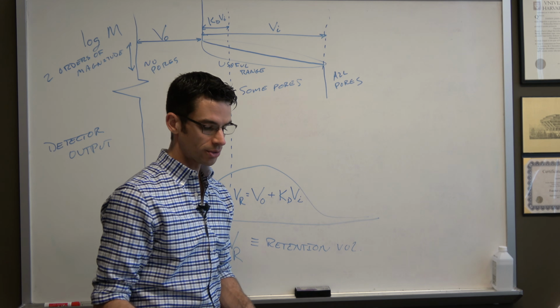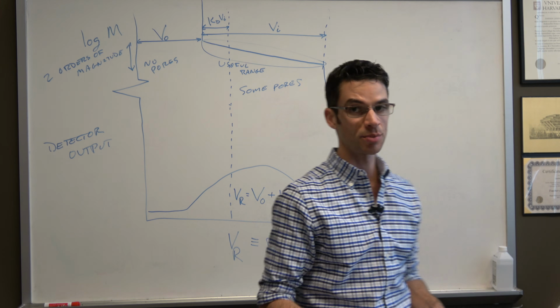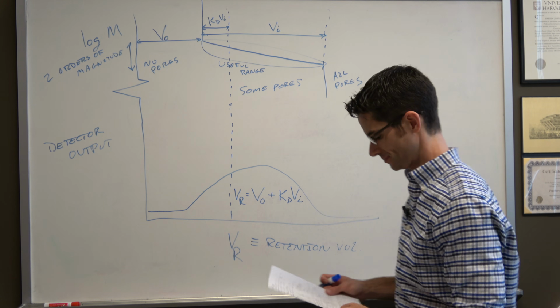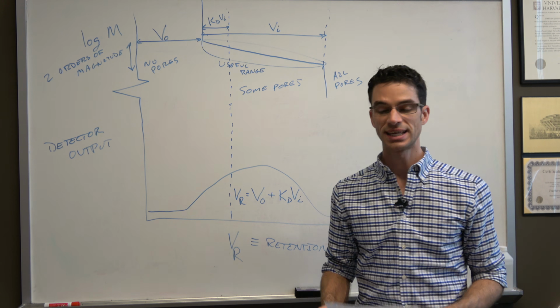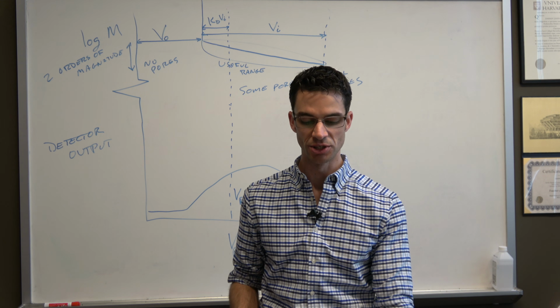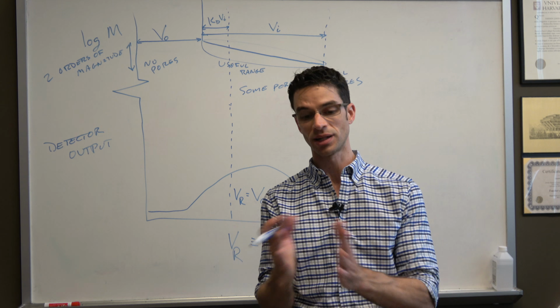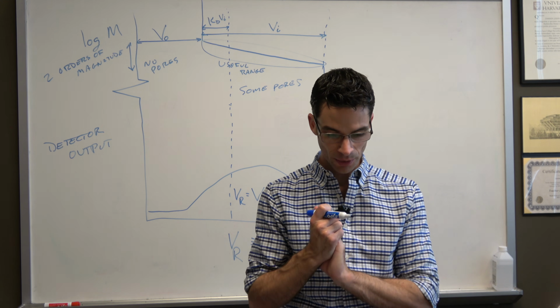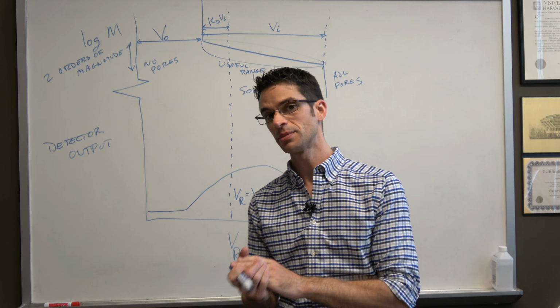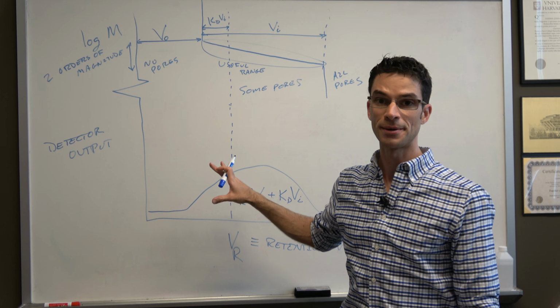So what we do in order to calibrate the system then is to take a series of polymers with a known molecular weight. Often this is polystyrene. Then we run those through the system and we generate this plot.